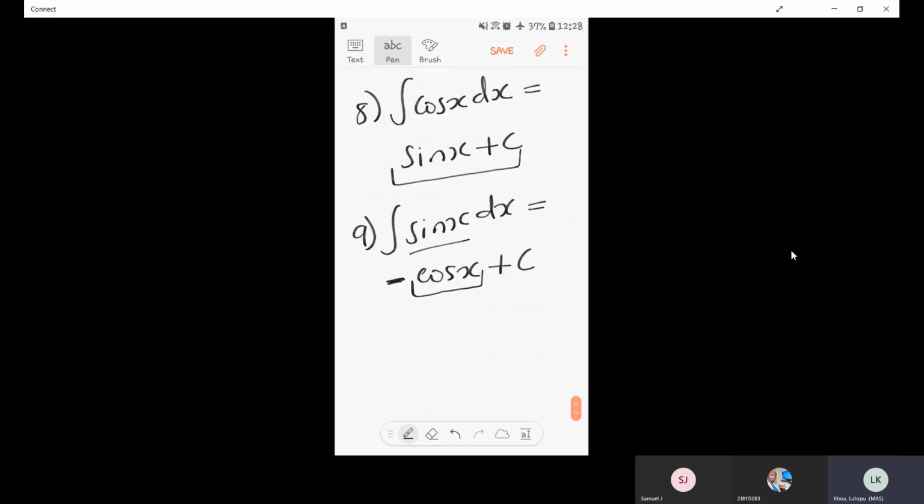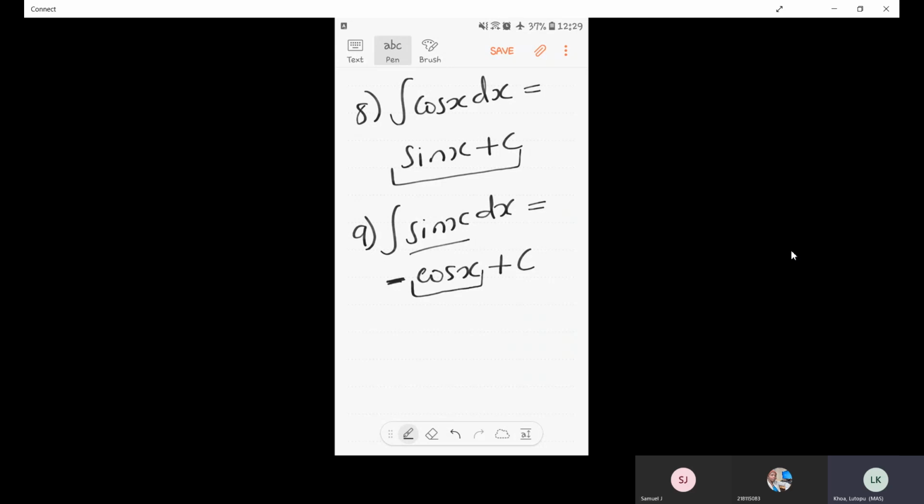Right, so there are more examples or more standard integrals on the table. So number 10, which is the integral of sec squared. We know that when we differentiate tan, we get sec squared. So when I integrate sec squared, I should end up with tan.